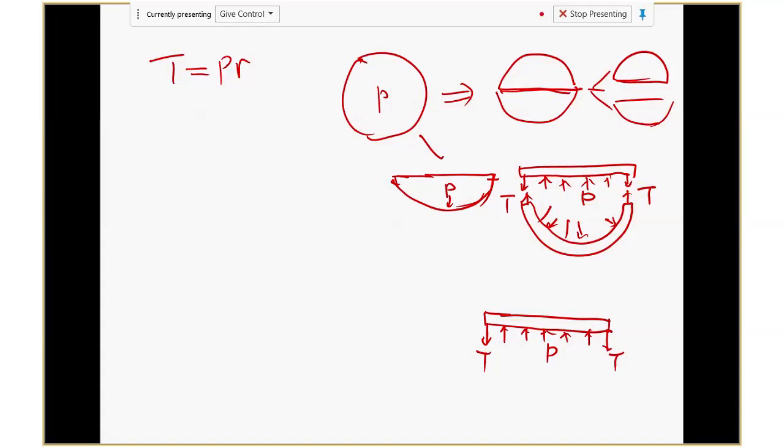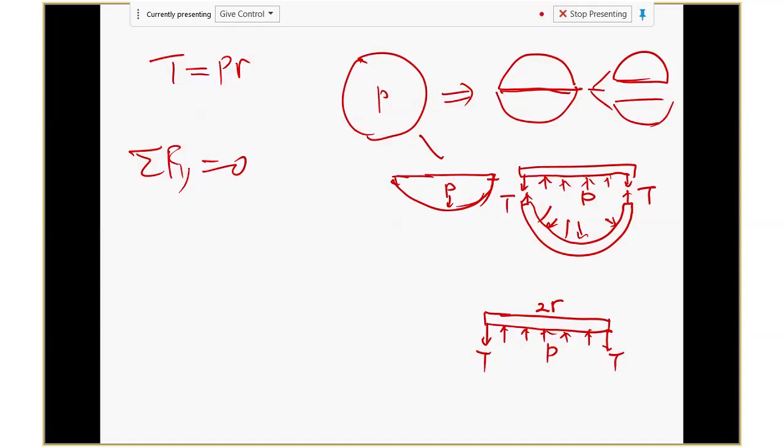Now write sigma Fy equals 0. What do you get? What's the length of this plate? 2r. Okay, so this length will be 2r. All right, now write sigma Fy equals 0. What do you have? You have P times the area.